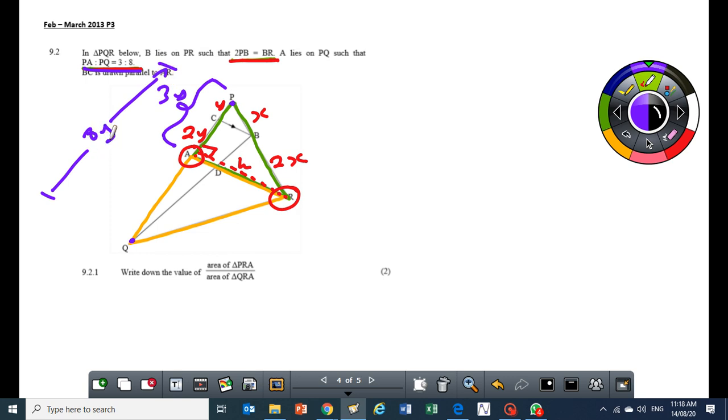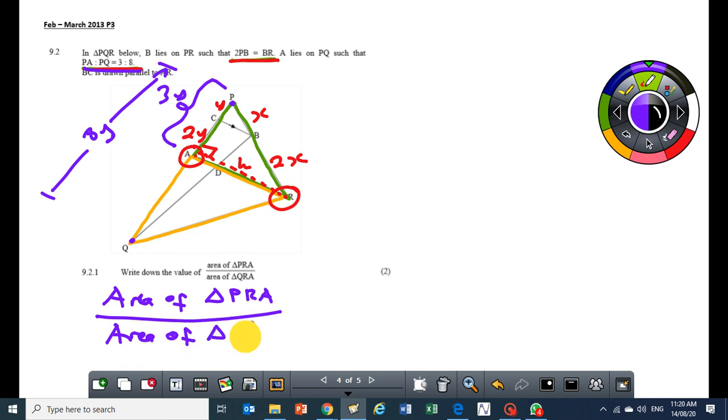It's 2 marks, so showing off lots of working here won't help you. So you just do it on the diagram. They share a common vertex, it means that their height is the same. Therefore, the ratio of the area of triangle PRA divided by the area of triangle QRA is going to be equal to the ratio of their bases.